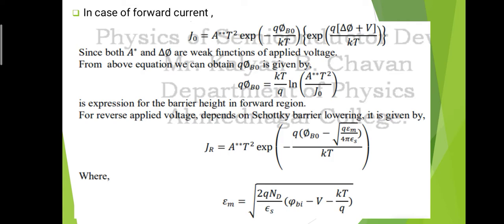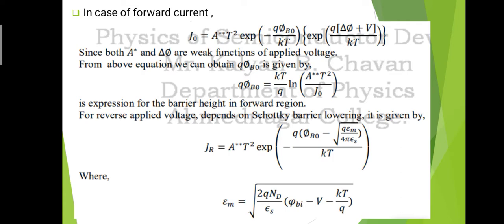Now since both A* (A**) and delta phi are weak functions of applied voltage, that means when we apply voltage there is no large effect on delta phi and A**. So if we consider the applied voltage to be 0, then there is no change in delta phi, so we take the exponential term (delta phi + V) as 0.